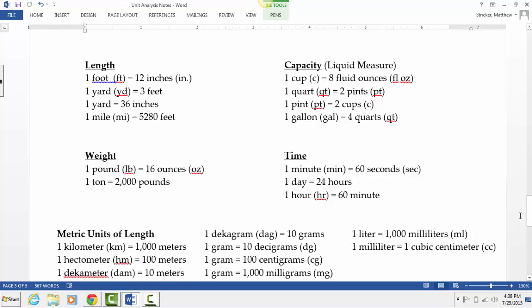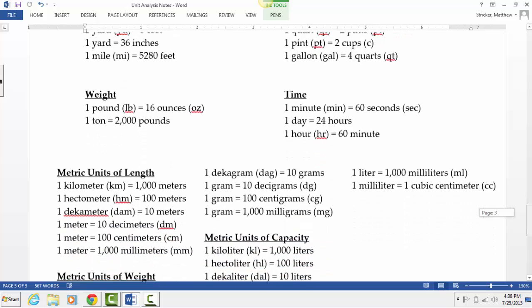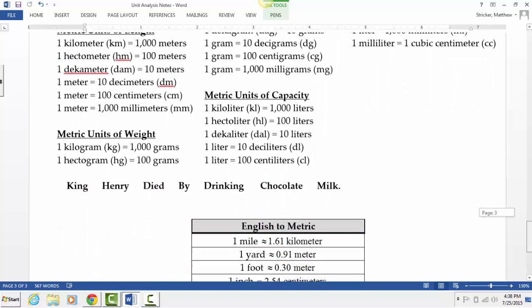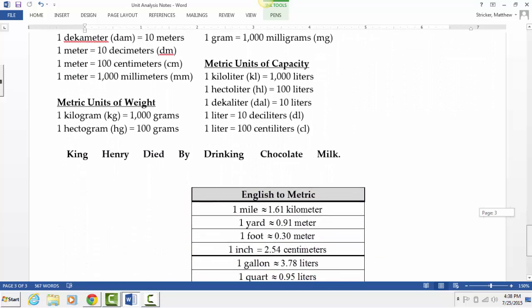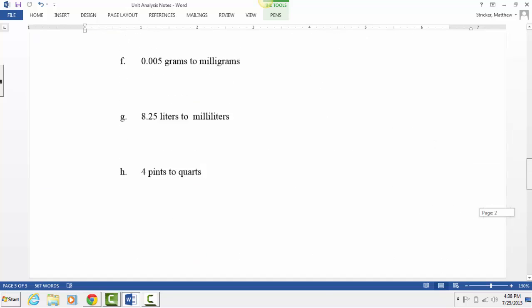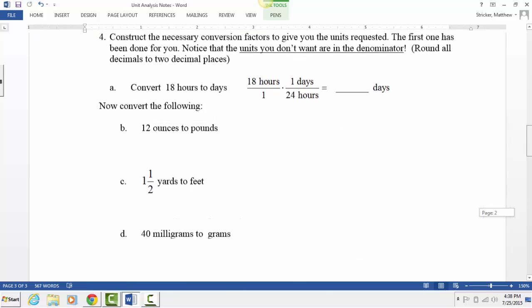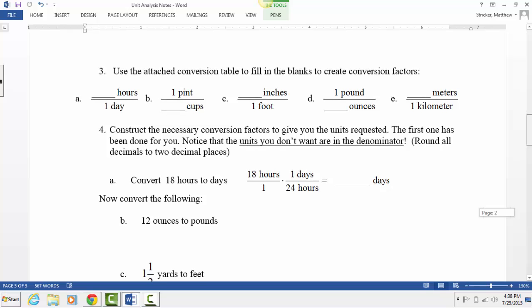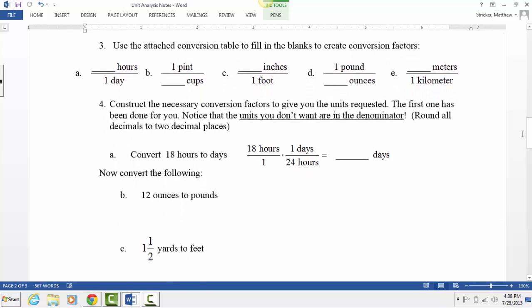It has conversions for length, capacity, weight, time, metric unit conversions, and English to metric conversions at the very bottom. So let's go ahead and look at this first one. We don't necessarily always need the table, but that is there for your help.